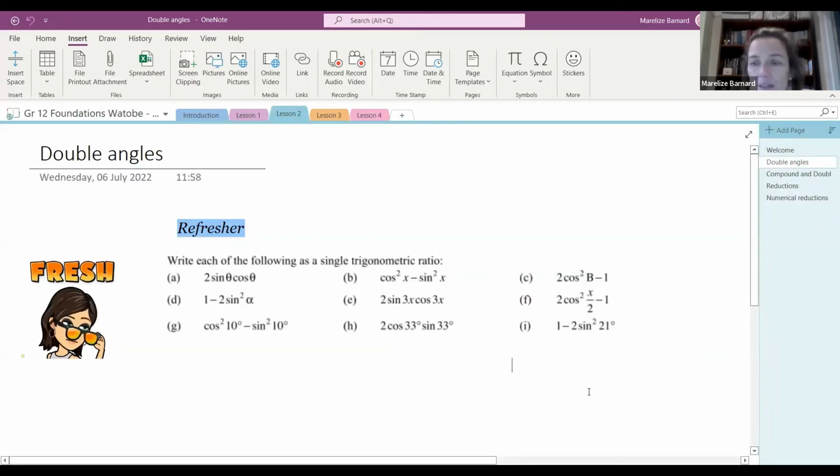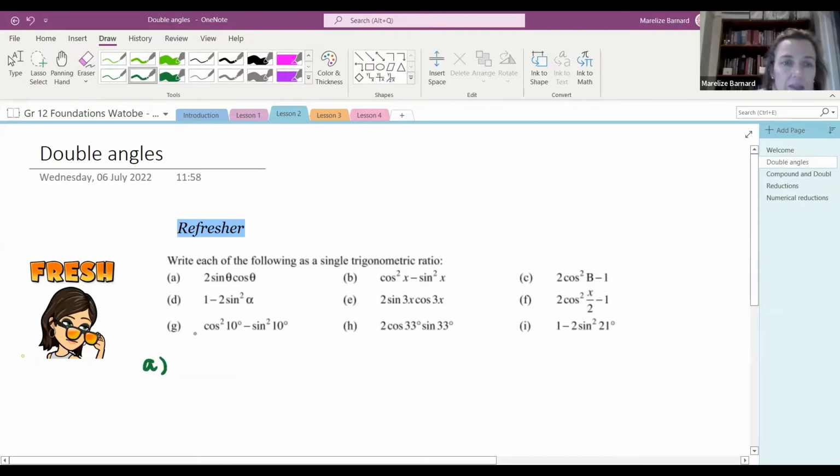So we're going to kick off just quickly. We're going to take 5 minutes, and I want you to do as many as you can of these questions in 5 minutes. Now remember, I'm going to do the first one with you. If it's 2 sine theta cos theta, this is also on your formula sheet, so you don't have to memorize it. That is the double angle for sine, so sine of 2 theta.